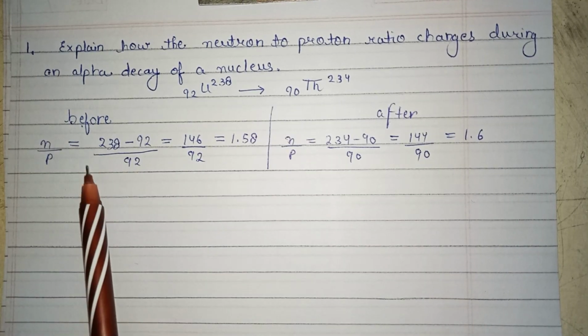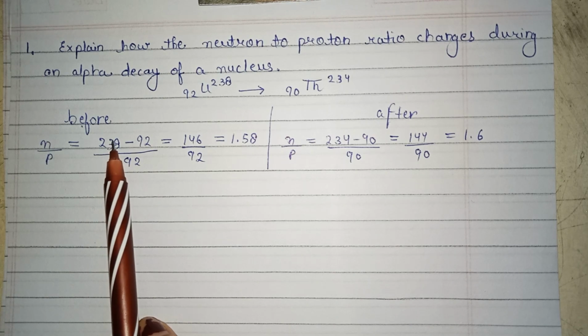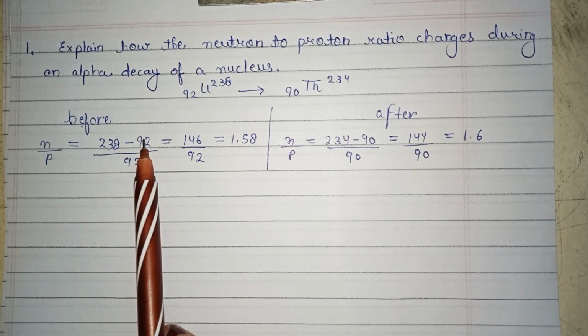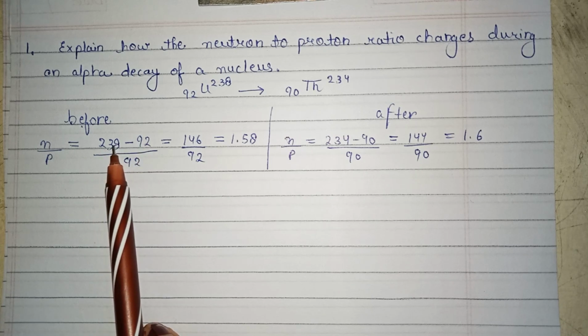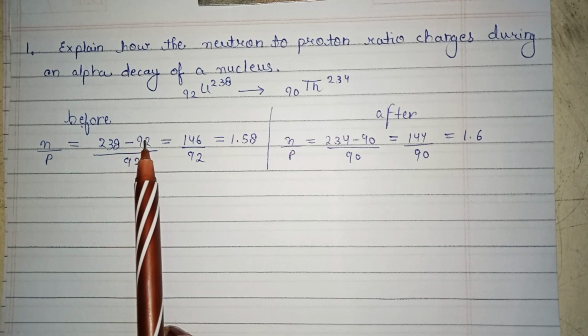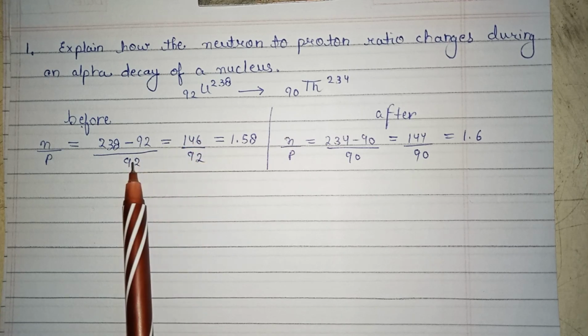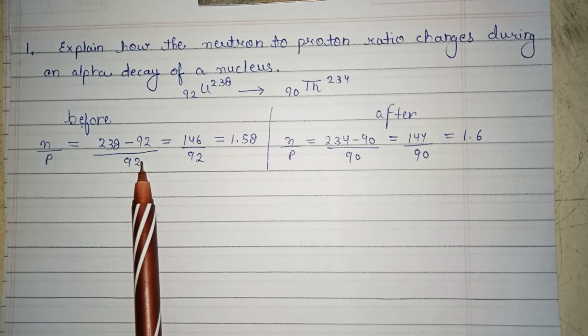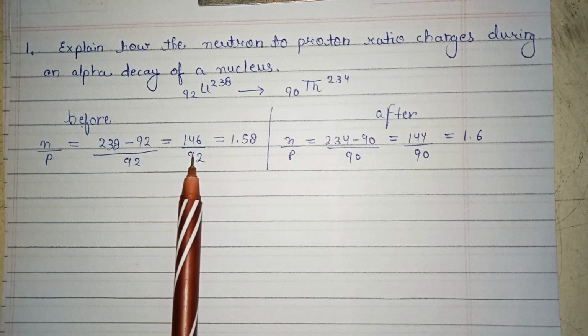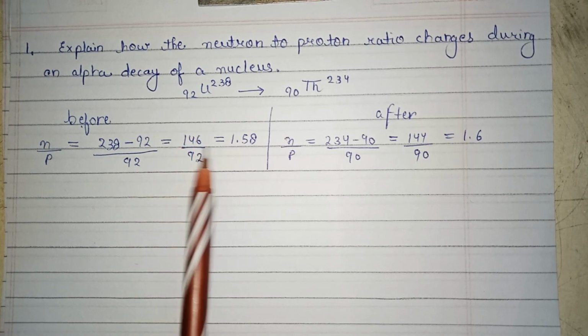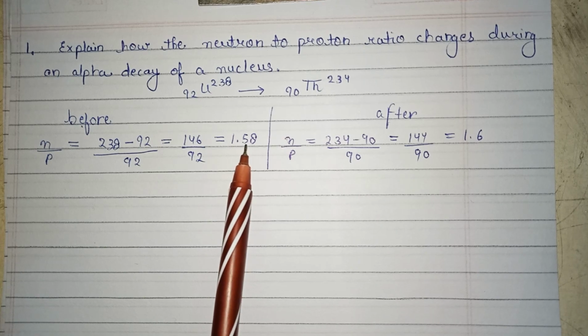Before the decay, the number of neutrons is atomic mass minus the number of protons. So here atomic mass is 238 minus number of protons, which is equal to the atomic number of the element, that is 92. So we get 146 as the number of neutrons, and the number of protons is 92. On dividing these we get 1.58.